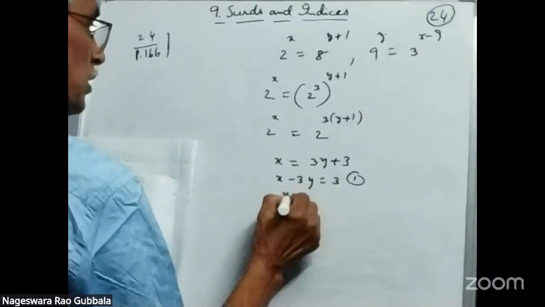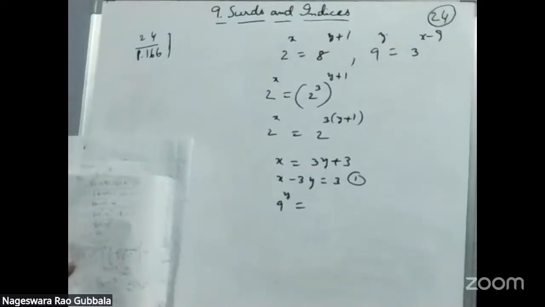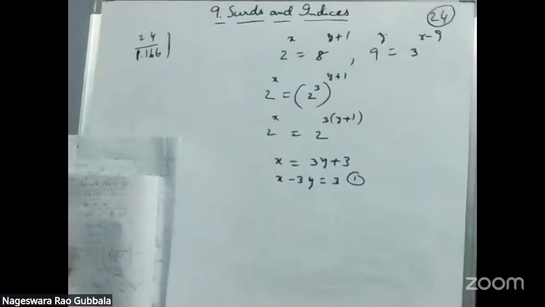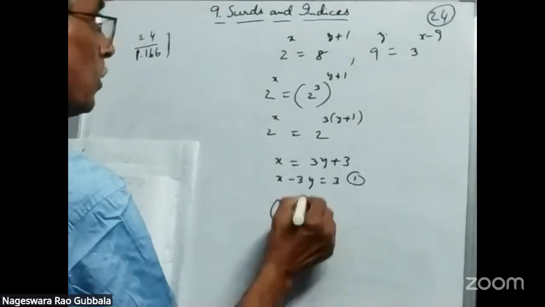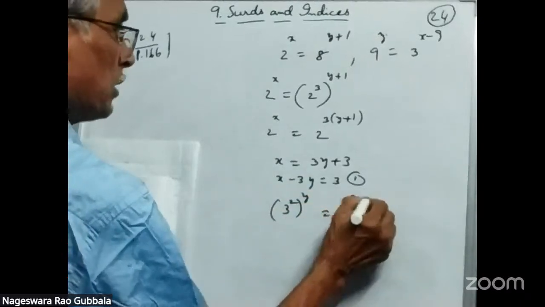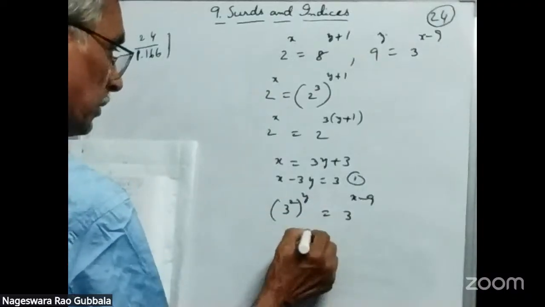Next, second relation. 9 to the power of y is equal to 3 to the power of x minus 9. 9 is 3 square, so 3 square whole to the power of y is equal to 3 to the power of x minus 9, which is 3 to the power of 2y.